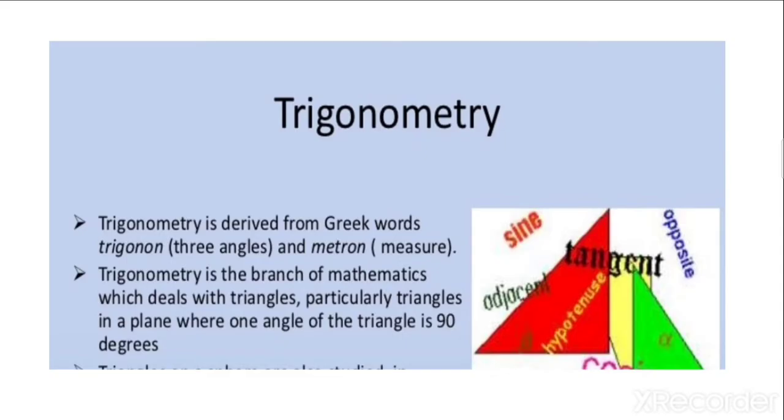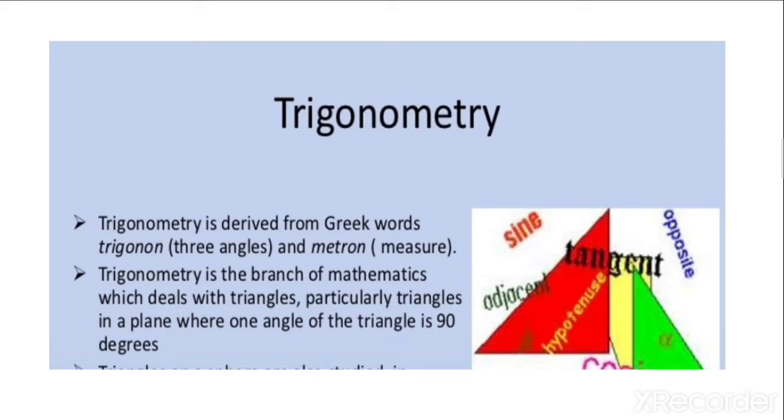So first of all, what is trigonometry? The word itself, trigonometry, is derived from a Greek word, where tri means three, gono means angles, and metry means the measure. So that means we are going to study the three-sided figure's angles and sides measurements.